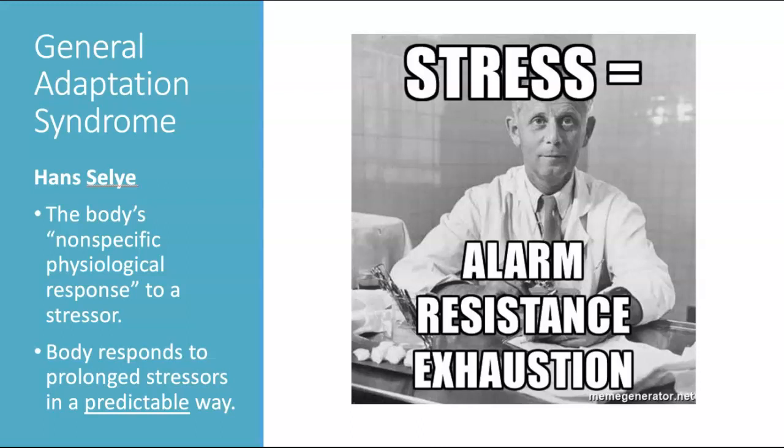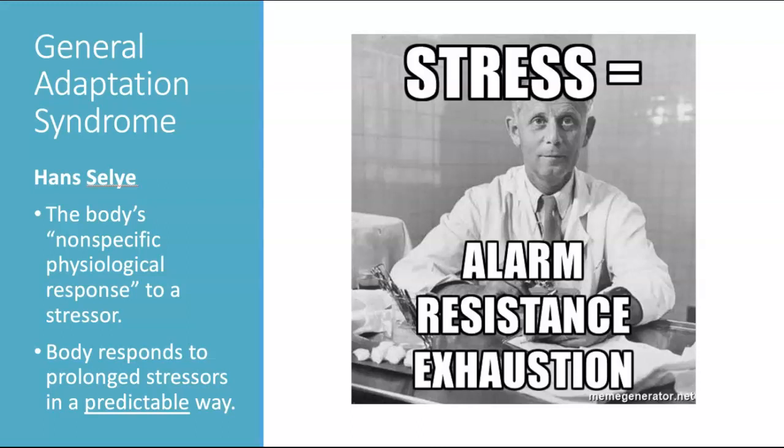And this pattern of physiological reactions occurred regardless of what the stressor was. It didn't matter what he was doing to the rats. If they were under a state of stress, these physiological reactions would occur. And so that led him to define stress as the body's non-specific physiological response to a stressor.